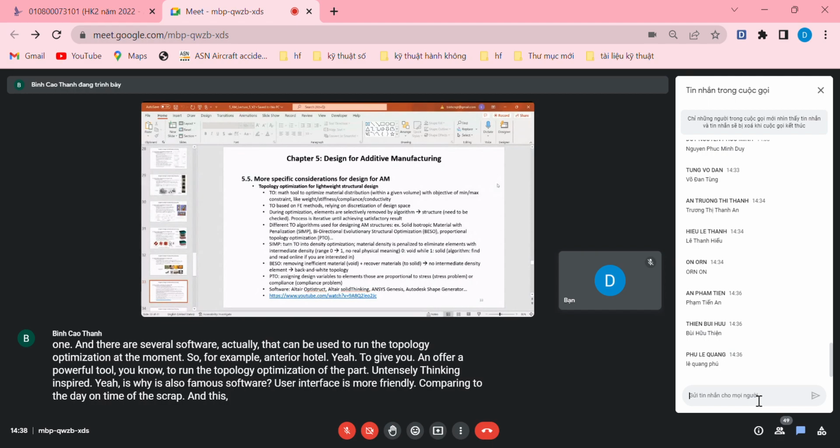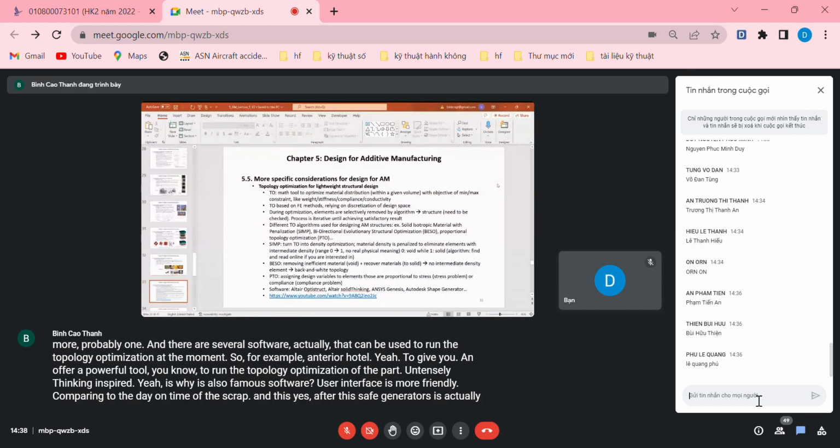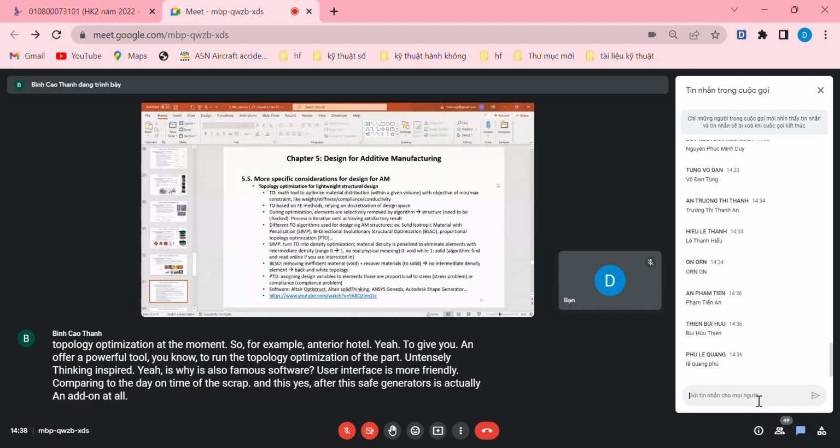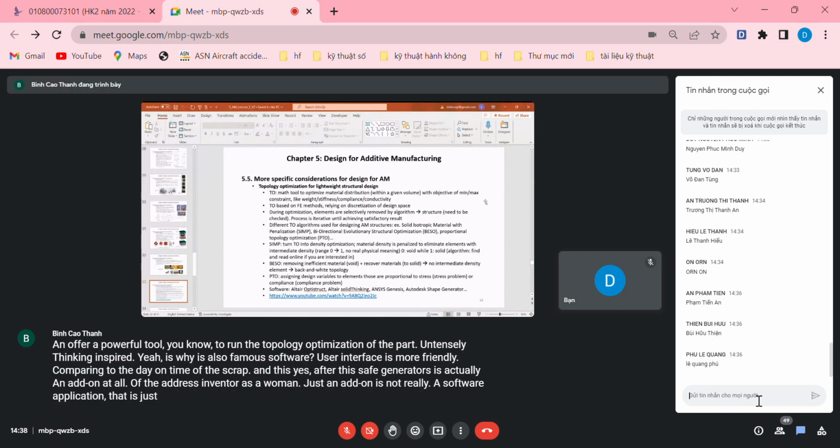And Autodesk Shape Generator is actually an add-on of Autodesk Inventor, as I remember. It's not really a software package, just an add-on.